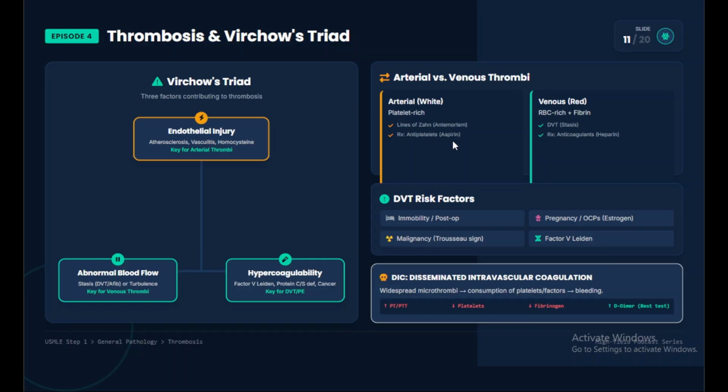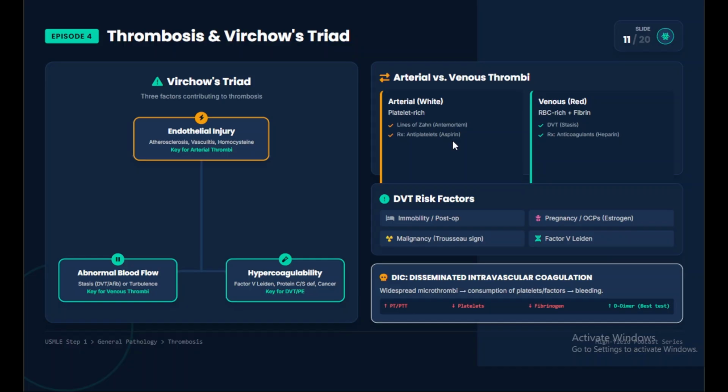Keep in mind that malignancy is a hypercoagulable state. Factor V Leiden, a genetic defect in factor V, also leads to genetic hypercoagulability. So think like stasis, sticky blood, vessel wall problem, anything like that, it will lead to DVT.